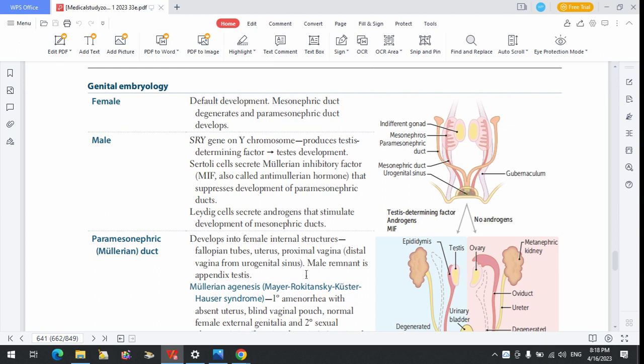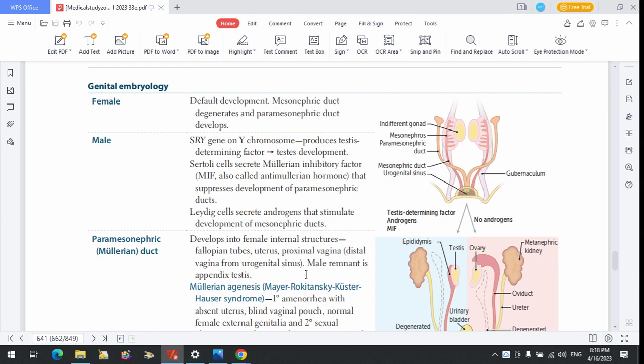So in order for there to be testis development, the paramesonephric duct has to undergo degeneration. So that's where there'll be secretion of Mullerian inhibitory factor or anti-Mullerian hormone, by Sertoli cells.